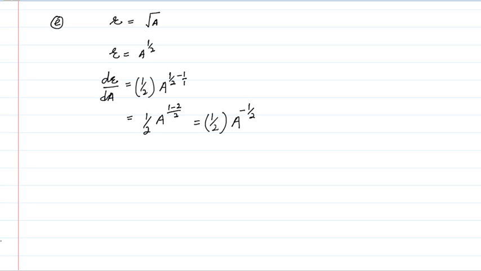So now we will try to remember this also: d by dx of sine of ax. Suppose this a here is a constant, something constant. How will you differentiate this?